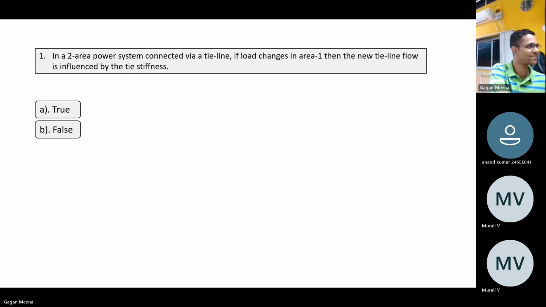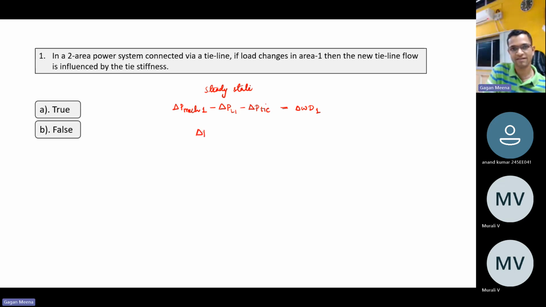If the load changes in area 1, this is equal to the change at steady state. What will be the equation for the second area? This will be plus delta P2, omega into D2.